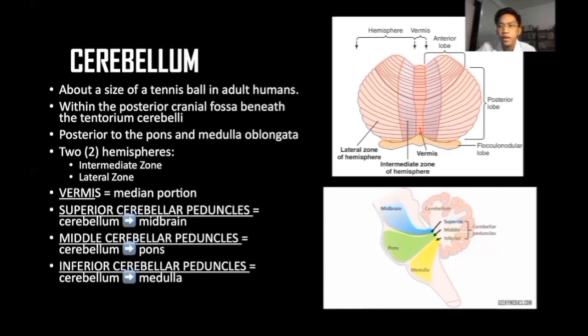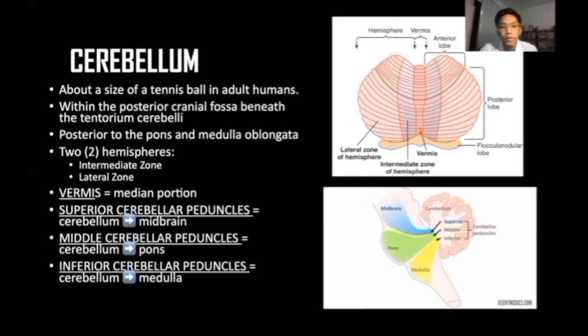The vermis controls motor functions in the axial portions of the body, while the intermediate zone controls the motor functions of the limbs and facial regions. While the lateral zone functions in planning and coordinating the body's rapid sequential muscular activities.